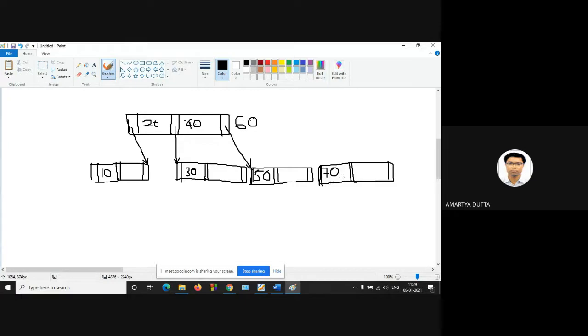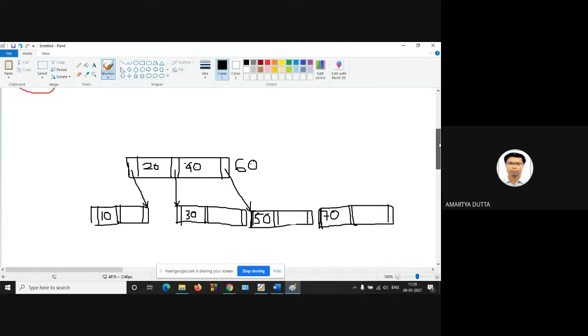Okay. And this is the upward increasing. 40 now becomes the root, 40 is the median, 40 now becomes the new root. So 40 is the new root, so delete 40 and create a node.